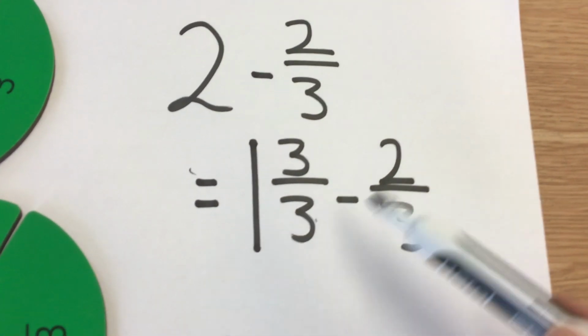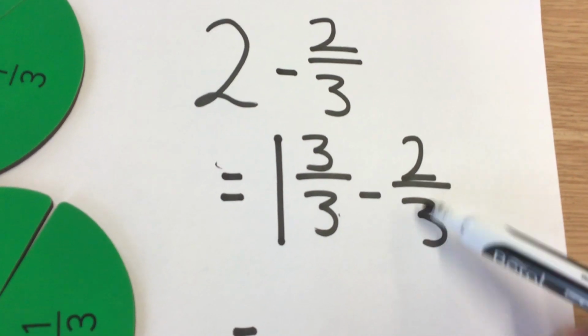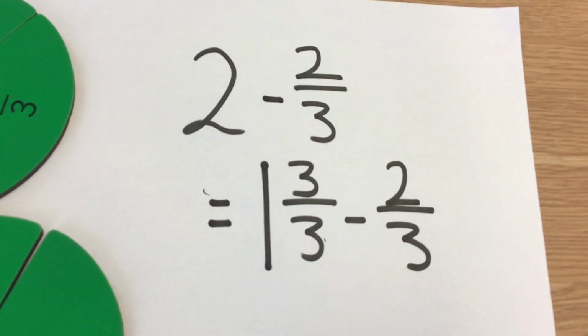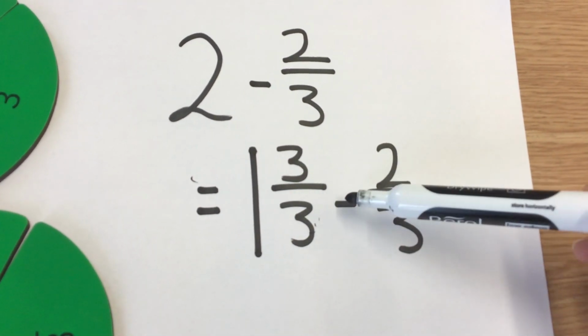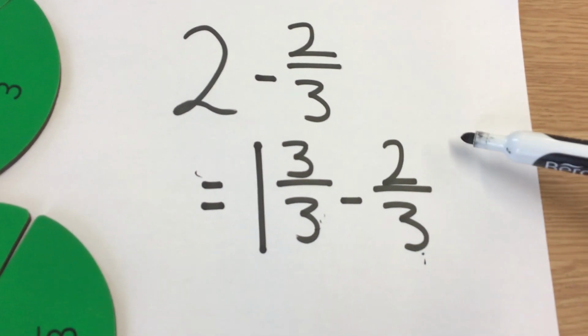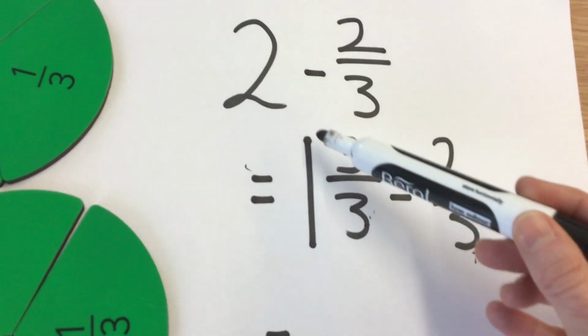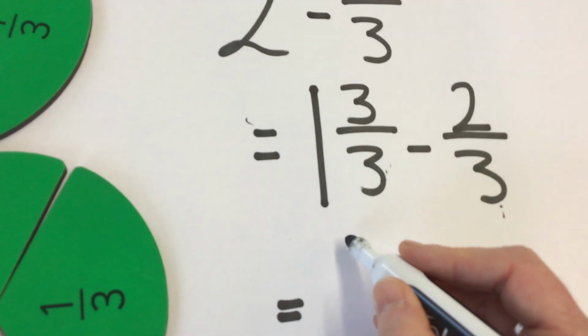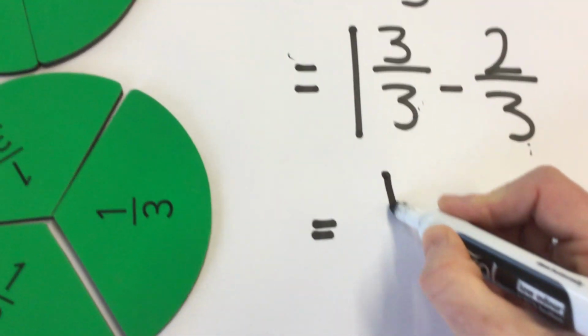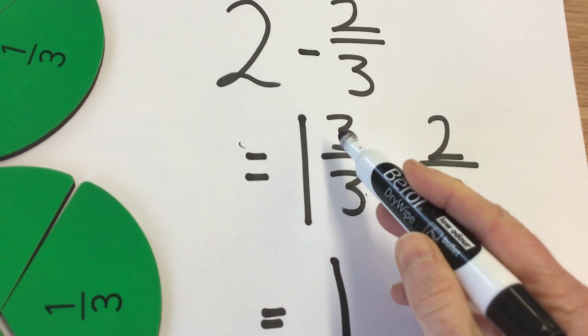Then it is quite easy to subtract the 2/3 off. All I need to do is say 3/3, take 2/3. Well, I know that's going to give me 1/3, but I'm going to remember I've got a whole as well. So my answer is going to be, I've still got the whole.